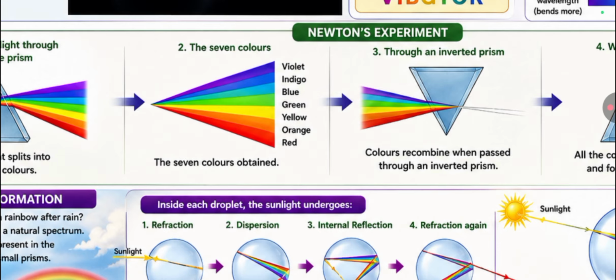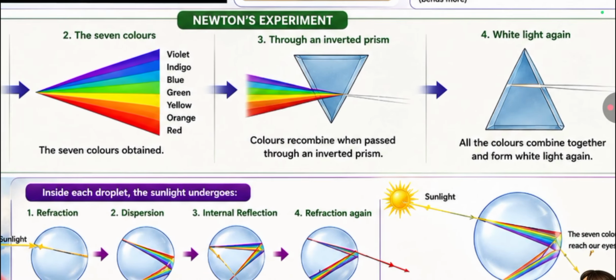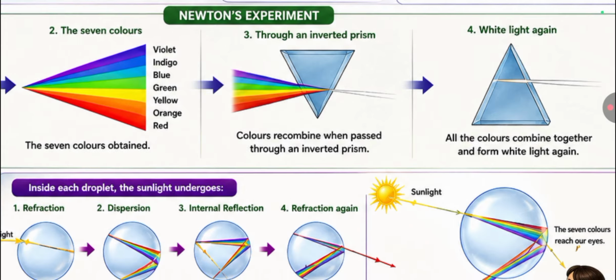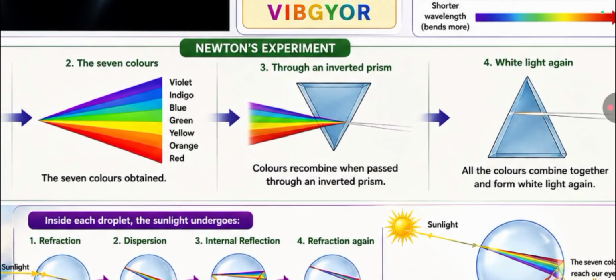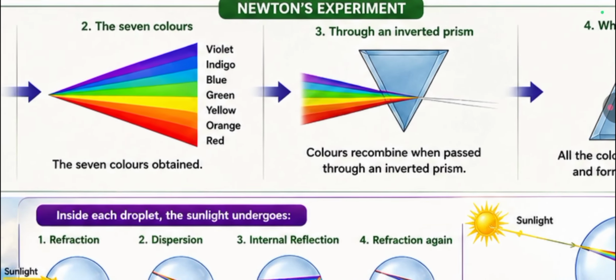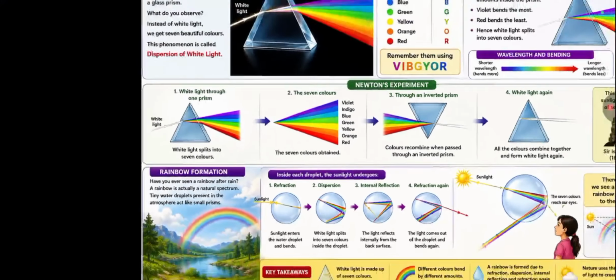So colors recombine when passed through an inverted prism. Then white light again comes out. So all the colors combine together and form white light again. This is called Newton's experiment to prove the dispersion of light.